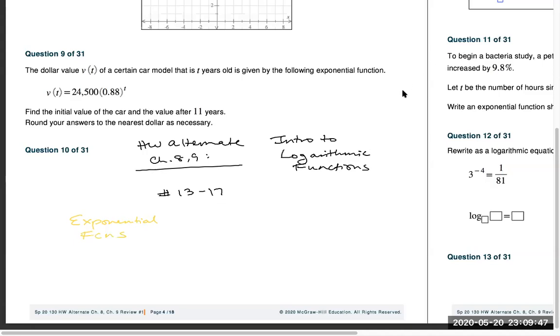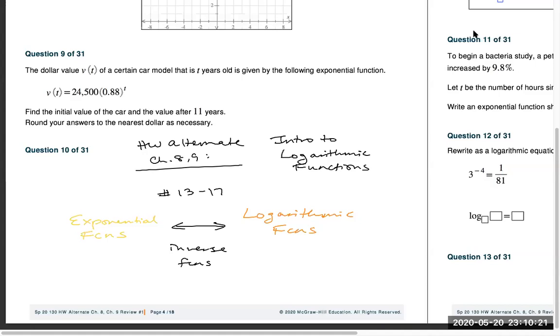What we're going to find is that exponential functions and logarithmic functions are inverse functions of each other, okay? So kind of remember from before how we would find inverse functions.